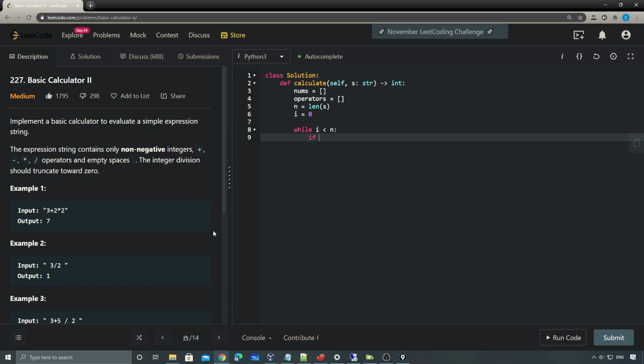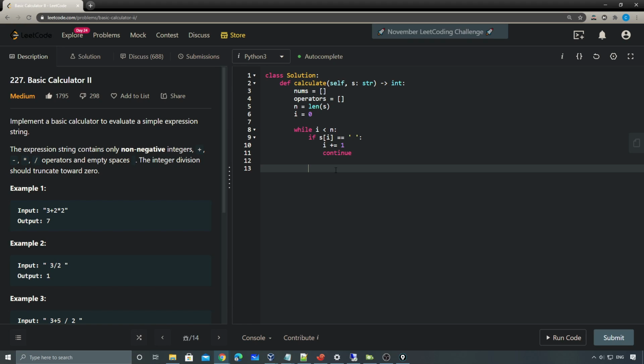Since we may have empty strings, the first thing to handle is this: if it's an empty string, we simply do i plus 1 and continue. And the second one is always to capture the current integers.